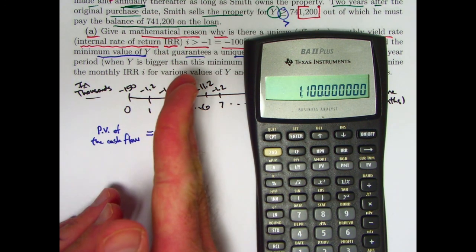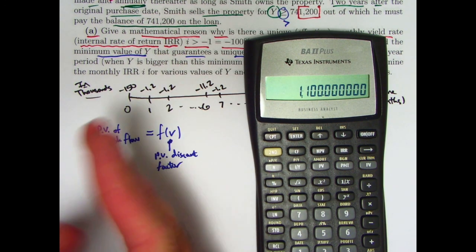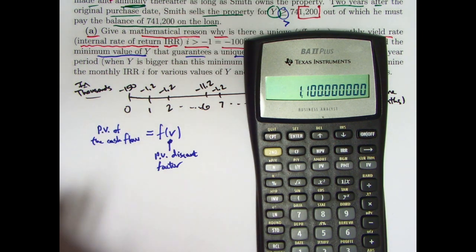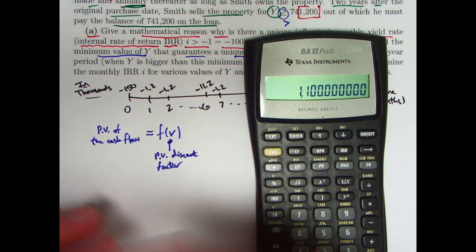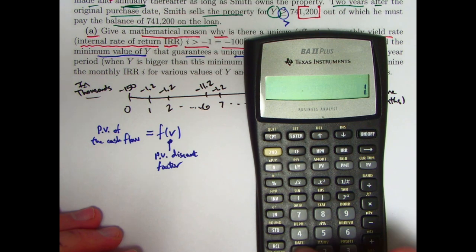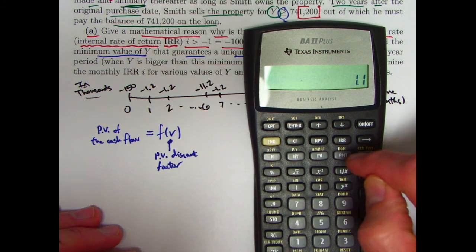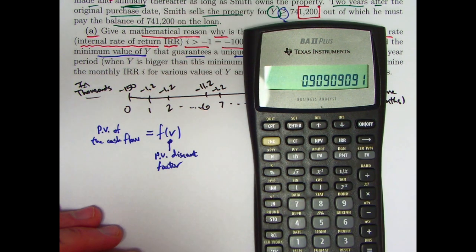How do I take that $1,100 and discount it, find its present value at time 0? I have to divide it by 1.1 to get 1,000. Dividing by 1.1 is the same as multiplying by its reciprocal. 1 over 1.1 is 0.90 repeating, about 90.9%.